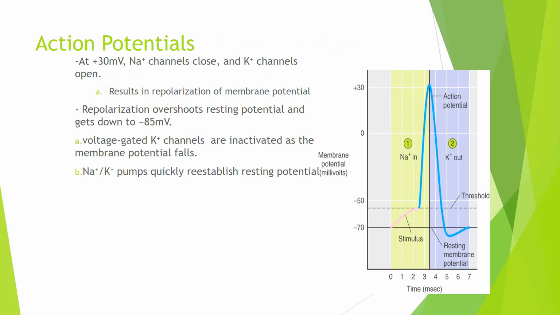When we hit that positive 30 millivolt mark, those voltage-gated sodium channels close, and again, no more sodium will enter, but now voltage-gated potassium channels will open. This leads to potassium leaving the cell and causing repolarization of that membrane. Due to the fact that the reversal potential of potassium was about -90, we see this overshoot that is in a hyperpolarized state.